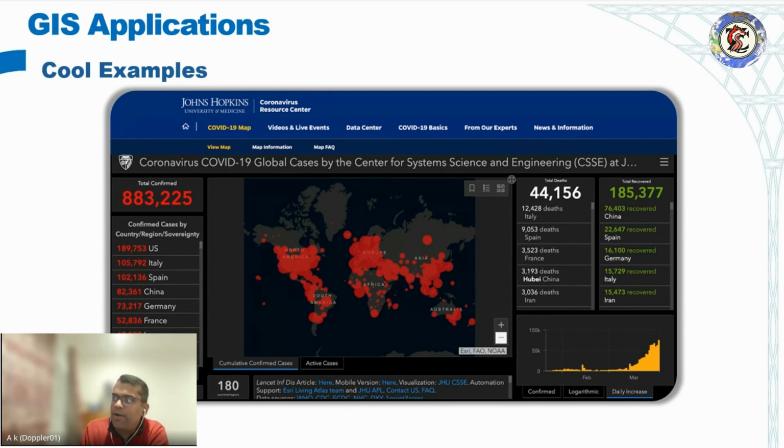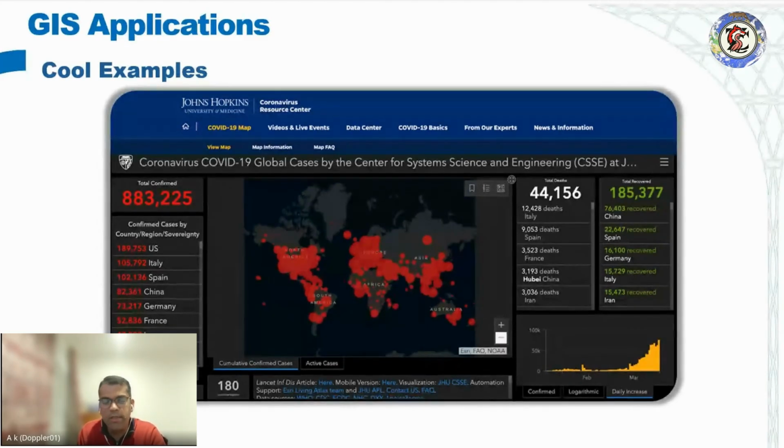The solution that you are seeing on screen is entirely built in GIS, and there was a lot of processing in the background pulling the data from different sources and creating meaningful information. The reason they chose this approach is that Excel and tabular charts are not very impactful.